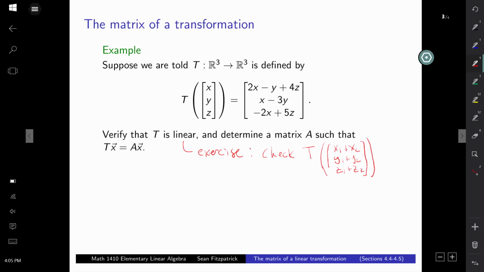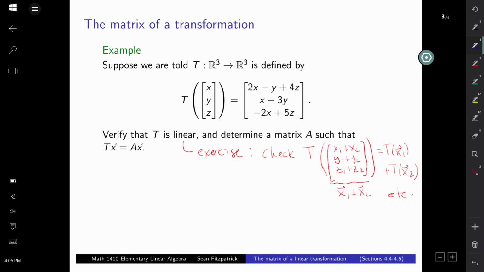So this would be, if I put in the vector x1 plus the vector x2, you'd want to check that that would be the same thing as doing T of the vector x1 plus T of the vector x2, and so on. So checking that it's linear is just verifying those two properties from the previous slide, but even for something reasonably simple like this, it's a little bit tedious.